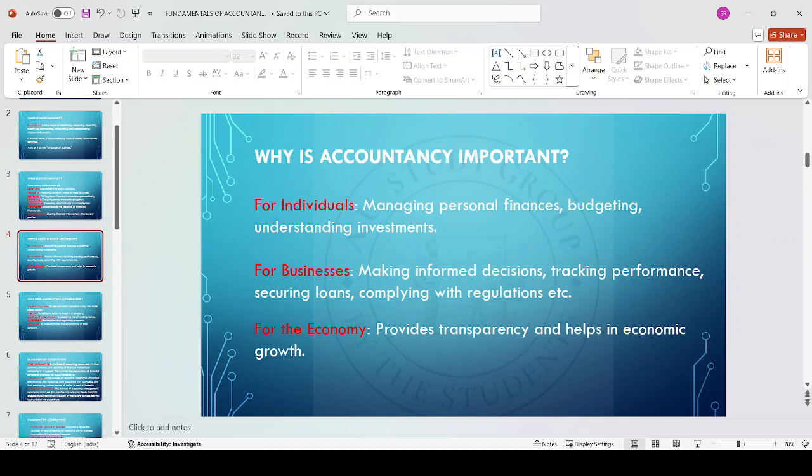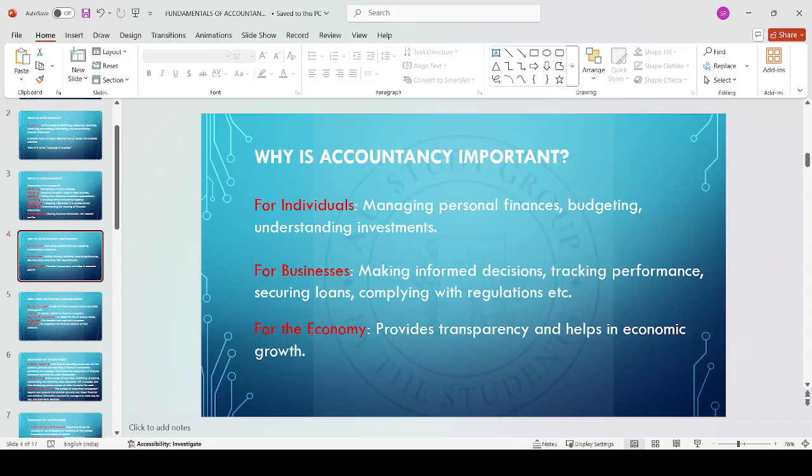For example, are they making profit or are they making losses? It is also essential for securing bank loans or loans from lenders. They will want to see their financial records, and businesses also need to comply with various regulations and tax laws which require accurate accounting. That is the reason this is also important for businesses.